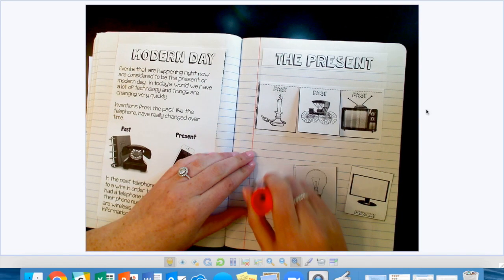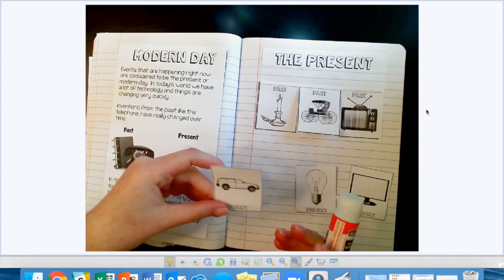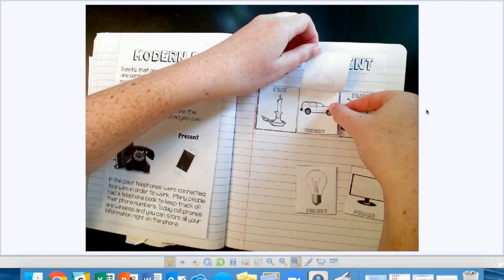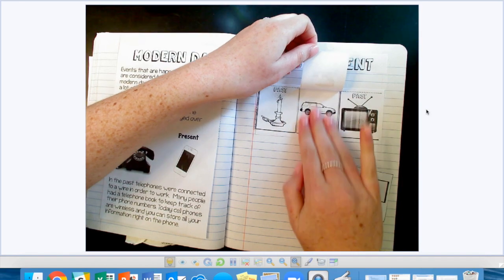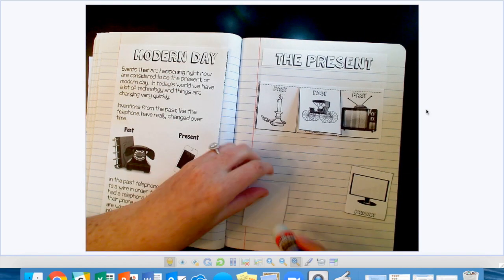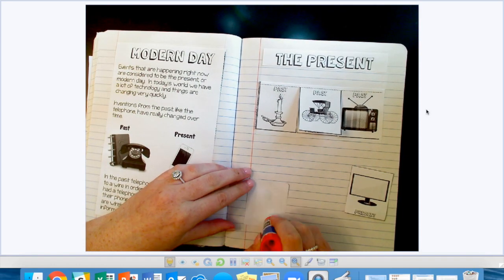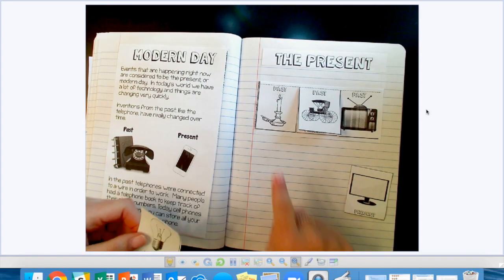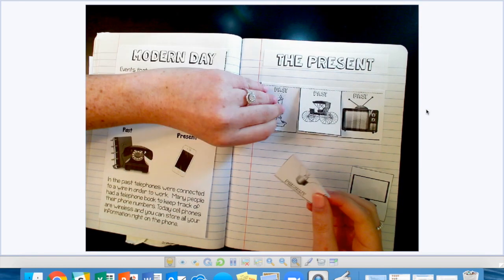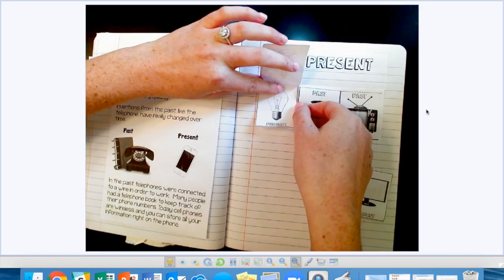So here's a car in the past. I would glue this car in the present underneath. This is a light bulb that we use in the present. In the past, they used candlesticks for light.